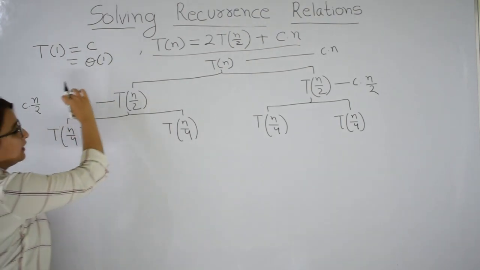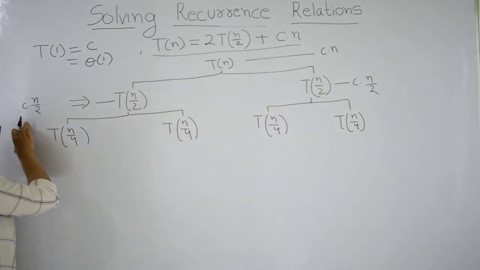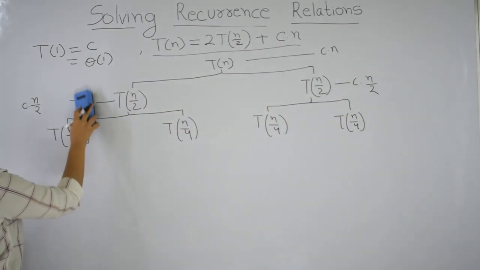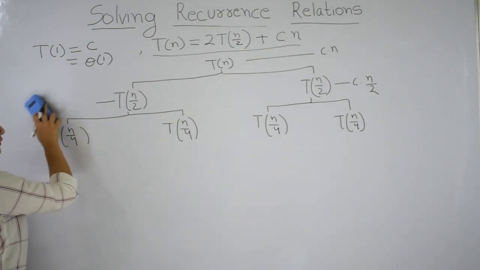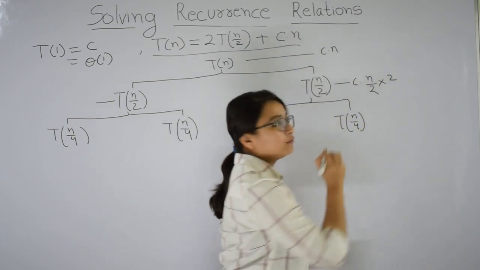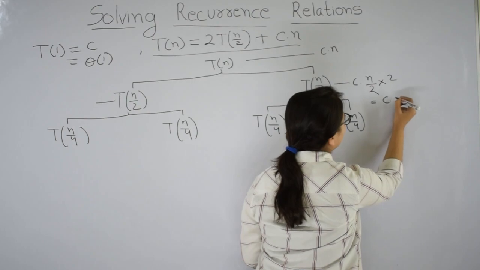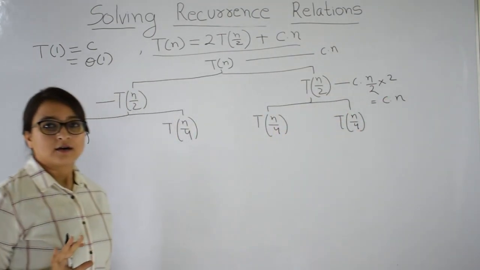So to make our task a little simpler, I could write it like this: c n by 2 into 2. What will this become? This will become c into n. Okay, clear?